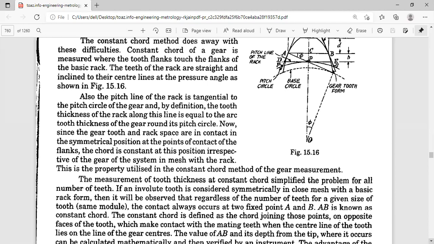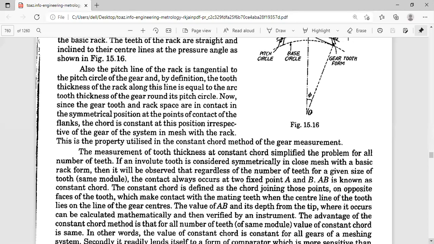So AB is a constant chord here, and these are the opposite faces of the tooth, on either side of the tooth. It makes contact with the mating tooth when the center line of the tooth lies on the line of the gear center. That is very important.